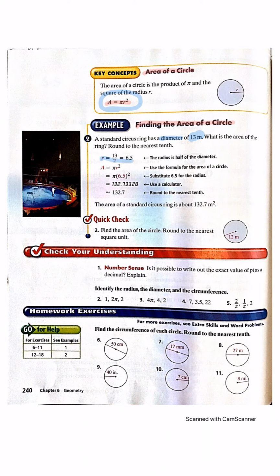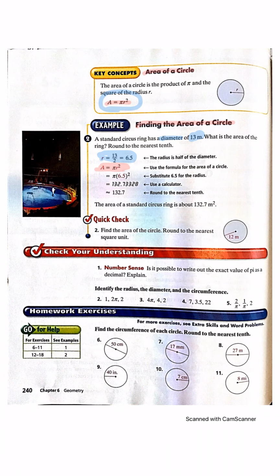So the radius is going to equal 13 divided by 2. So we get 6.5. So we're now going to plug that into our equation. Area equals pi r squared. Anytime you're squaring something, you're just multiplying it by itself.